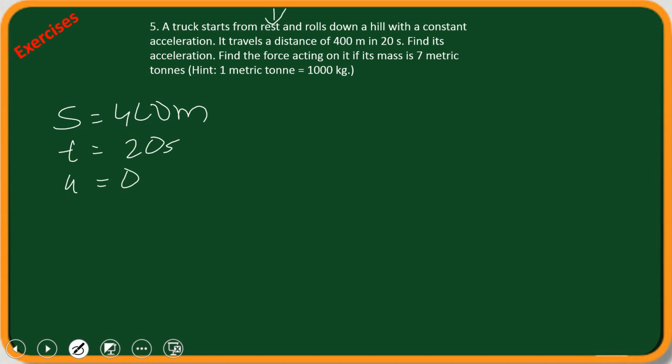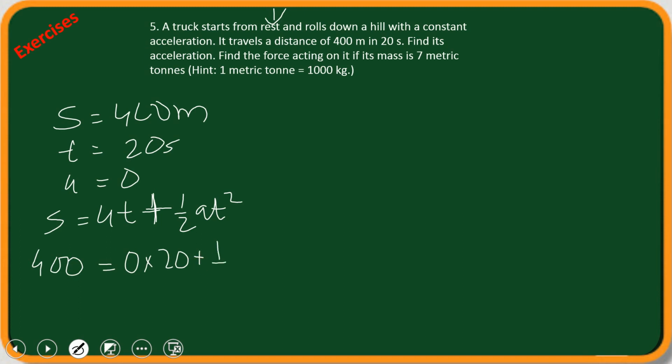So what can we say? Here we can say that S is equal to ut plus half at square. Correct? So S is 400, equal to U which is 0 into T which is 20, plus half into A, the acceleration we have to find, again T is 20 squared. So the first term becomes 0.